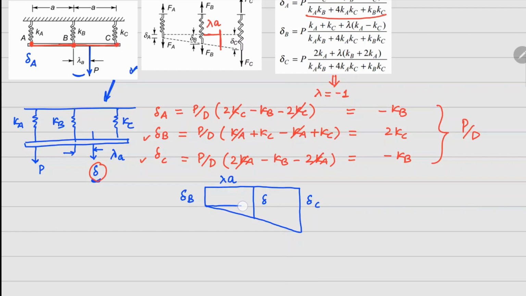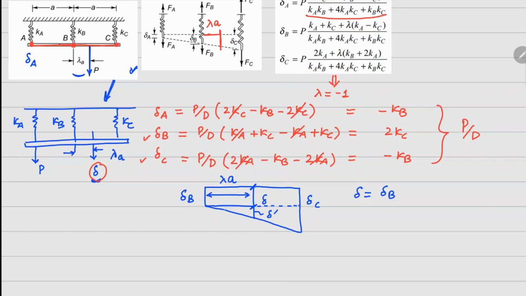So this delta can be divided into 2 parts. One is this part right here and this one, which is a separate small distance. Now I can extend this line so that I can get 2 triangles. So this part right here is equal to delta B because these two are exactly the same. So delta will have one part coming from delta B, and for the second part let me call this delta dash.